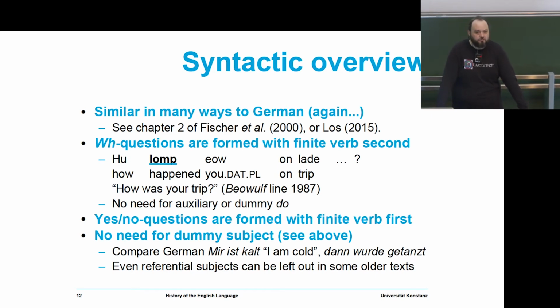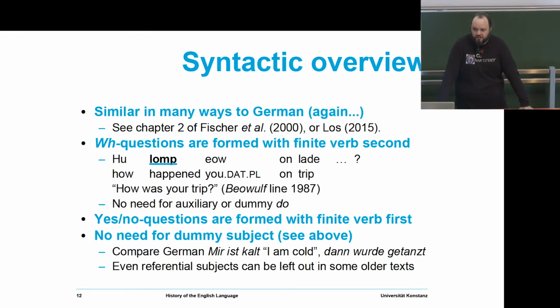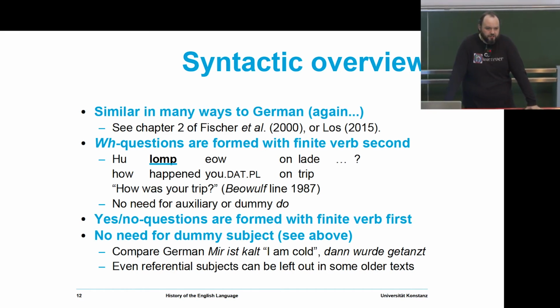This actually is a really terrible example for reasons that I've only just realized. But the crucial point is that if a subject shows up in a verb second sentence, if it's not the first constituent, then it has to follow the verb. That's what verb second means. Verb second means that there is one and only one constituent in front of the finite verb.